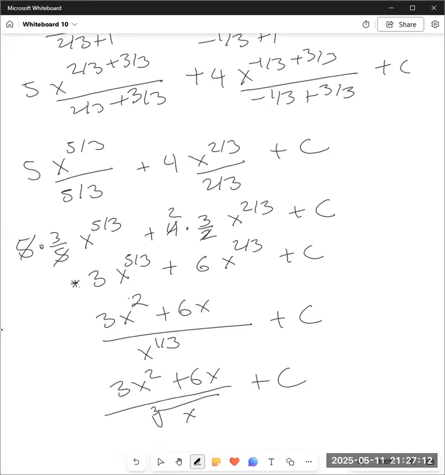I would, as the teacher, probably prefer the answer that I put the asterisk next to because it's completely simplified. But we oftentimes with textbooks want to make the final answer look as much like the original problem as possible when we're doing integration. So there it is.